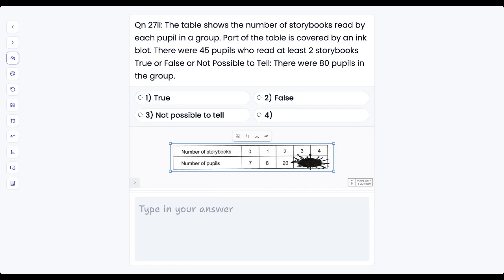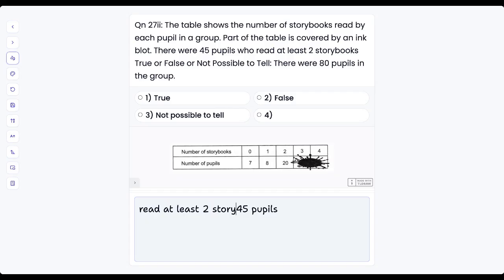Question part 2. Same thing. There were 80 pupils in the group. So in this case over here, we want to know whether the total is 80. So we know that 45 pupils read at least 2 storybooks. So 45 pupils read at least 2 storybooks is equal to 45.